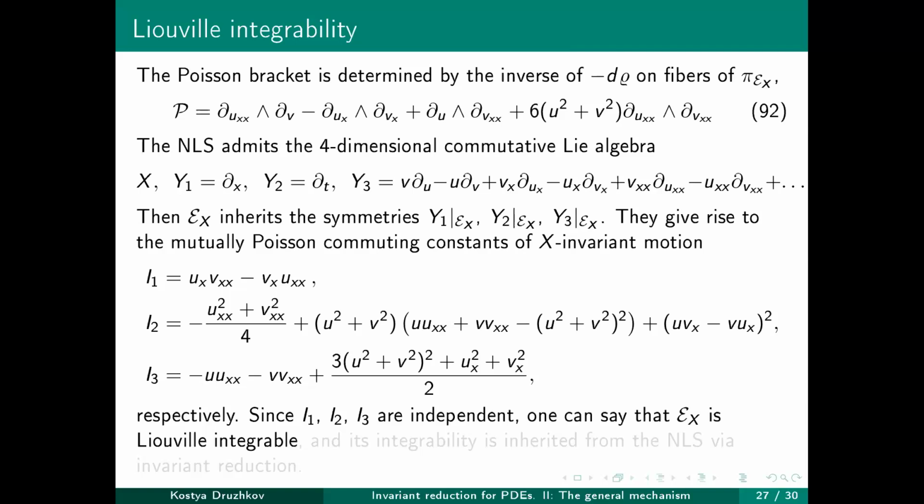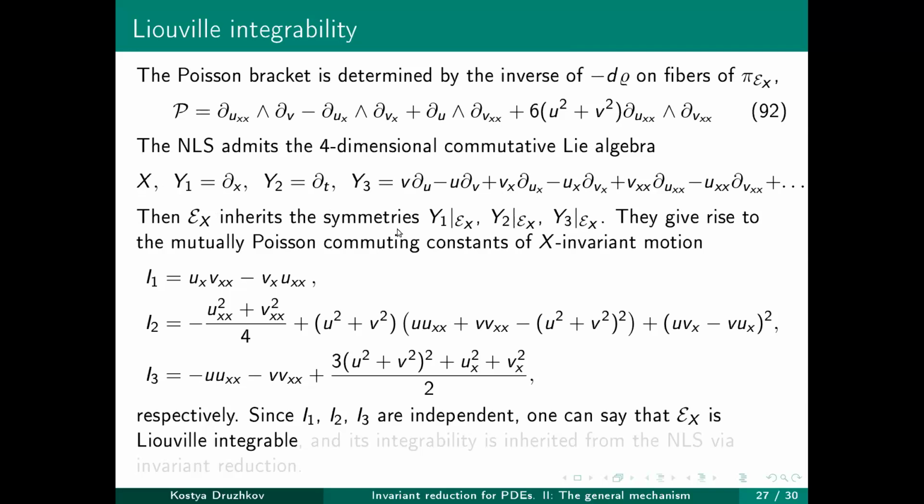Or we can consider the dual story about the presymplectic structure itself and symmetries, and the NLS admits a four-dimensional commutative Lie algebra given by the third-order symmetry under consideration, 2 shifts and 1 rotation. So this Lie algebra is commutative.